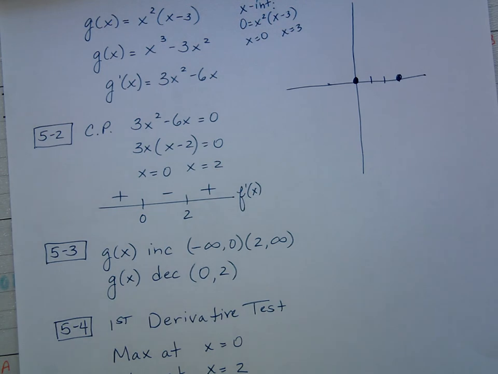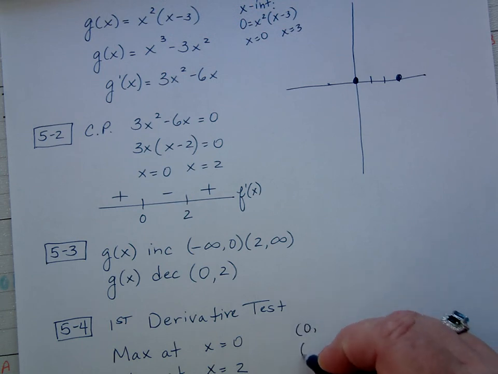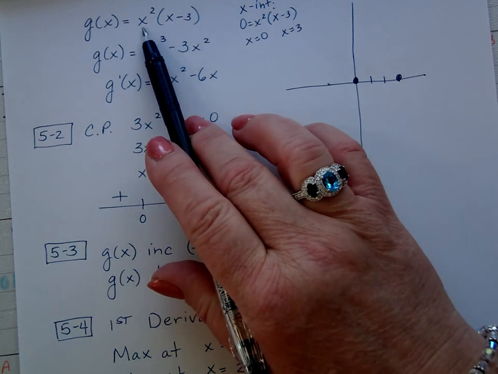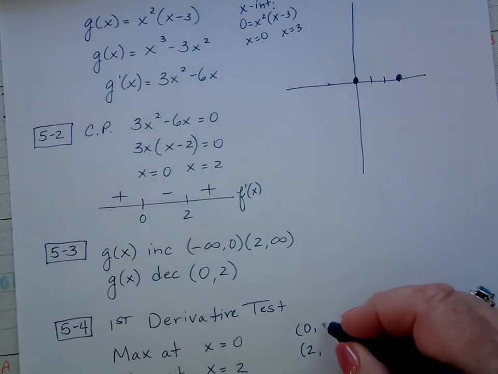Now, if I check out the work that we did over here, down at the bottom, I have a maximum at x equals 0 and a minimum at x equals 2. So maybe they might be points that I'd be interested in as well. If x is 0 or if x is 2, what are the corresponding y values? That's going to give me the coordinate locations of my maximum and minimum. I'm putting them back into the original function: 0 squared times 0 minus 3, multiply them together, I still get 0.